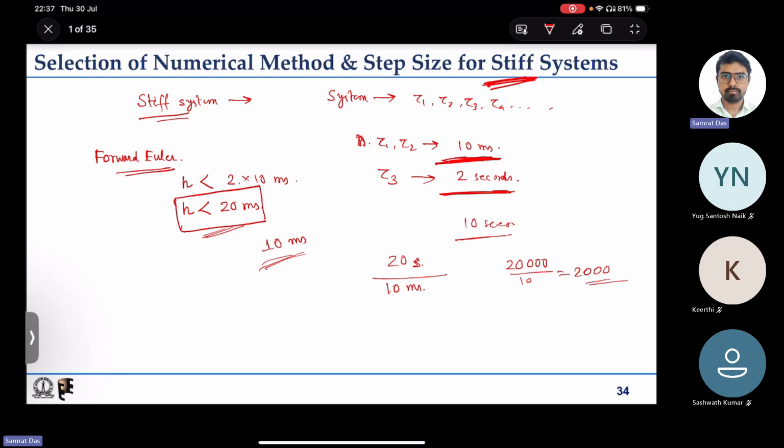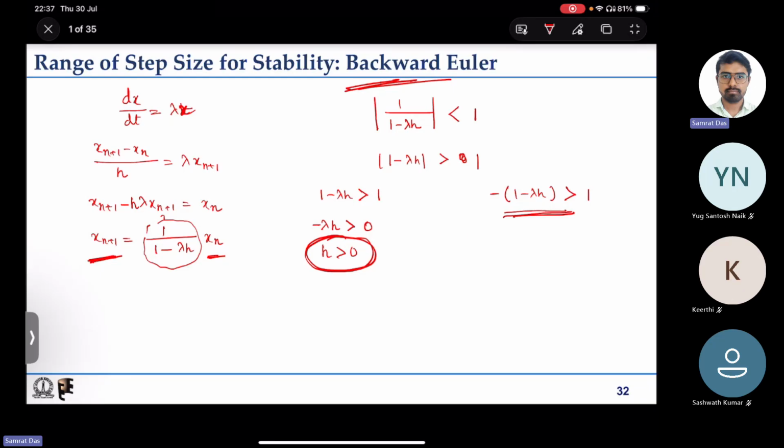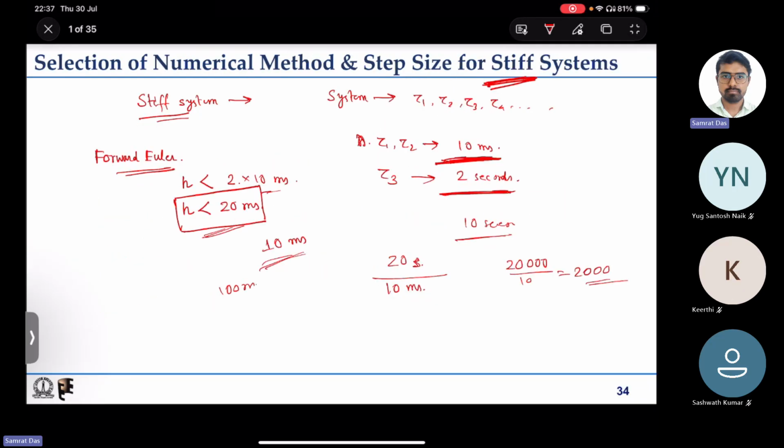But instead, if you use a backward Euler or trapezoidal method, which are implicit in nature, even if you use a higher time step, say higher than 10 milliseconds, say even 100 milliseconds, or say even for accuracy you will need to go for say 50, or whatever, you have to take a time step at least equal to the electrical time constant. But the point is, even if you increase the time step, the system will not go into instability.